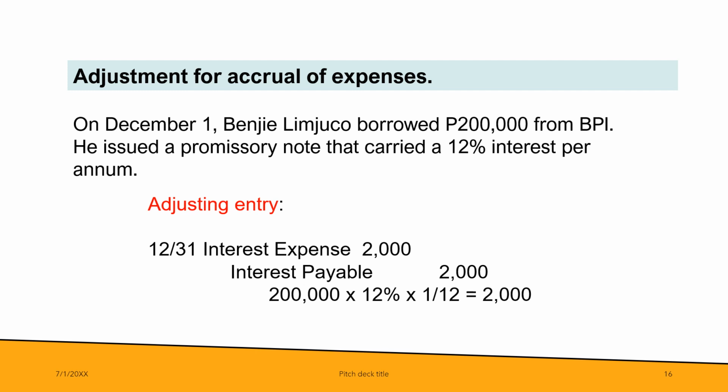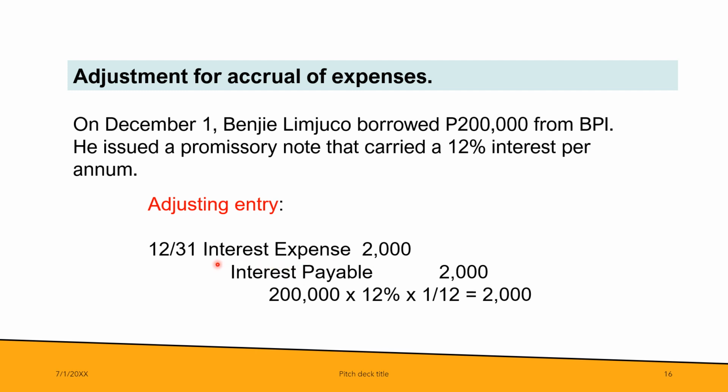So how do you record accrual of expenses? You record it as debit interest expense 2,000 and credit interest payable 2,000. The format of recording accrual of expenses is a debit of expense account and then credit payable. The first word usually changes depending on the nature of accrual.